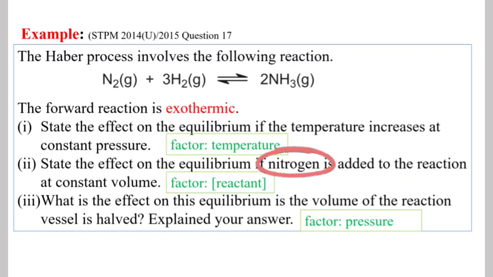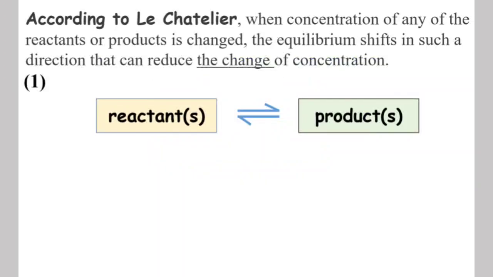Nitrogen is one of the reactants in the reaction. Now, let's see what would happen if the concentration of the reactant is increased. According to Le Chatelier's principle, a system at dynamic equilibrium does not want the concentration of any product or reactant to change, and the system will do whatever it needs to do to return the concentrations to an equilibrium state.